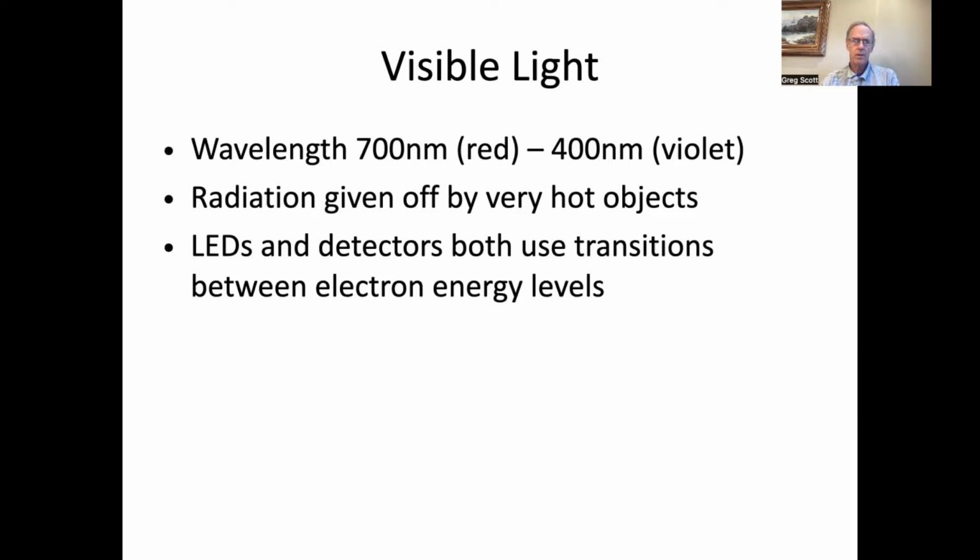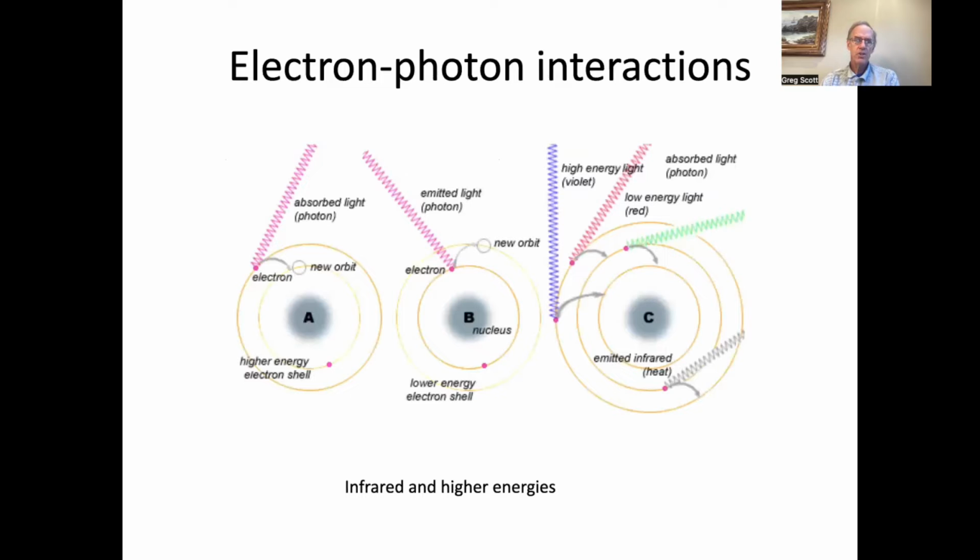I spent a lot of time in graduate school working on both LEDs and detectors. We use transitions between the electron energy levels in atoms and molecules to both produce and detect light. So if you're teaching chemistry, I'm sure you've done some of these experiments with putting different elements into flame.